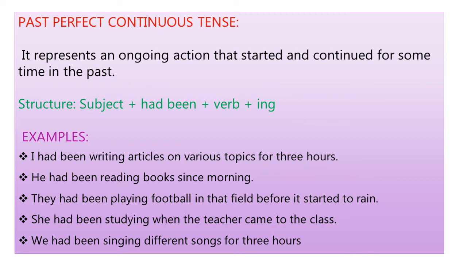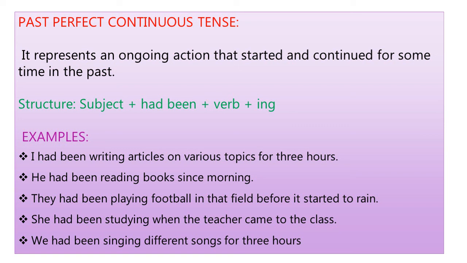Okay. Now example sentences. I had been writing articles on various topics for 3 hours. He had been reading books since morning. They had been playing football in that field before it started to rain.